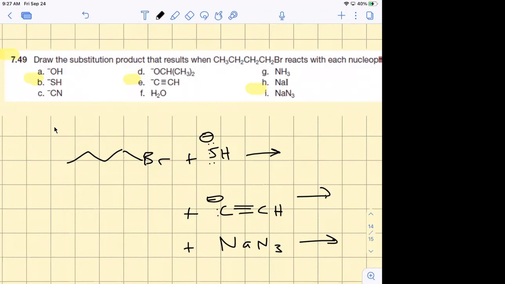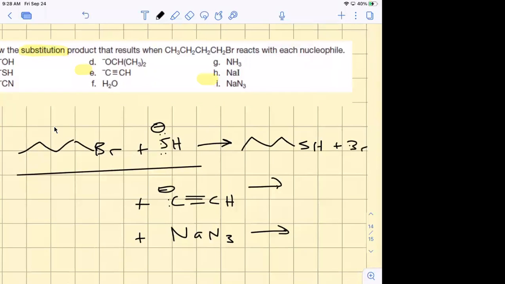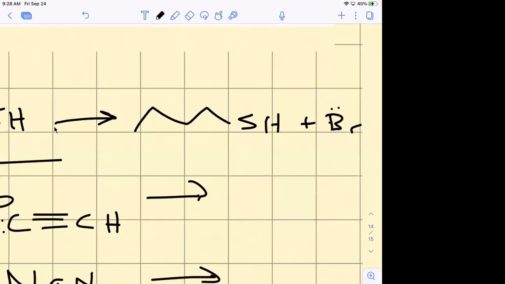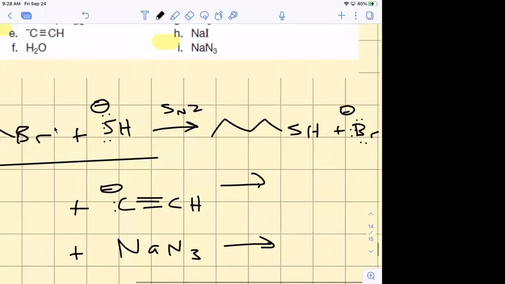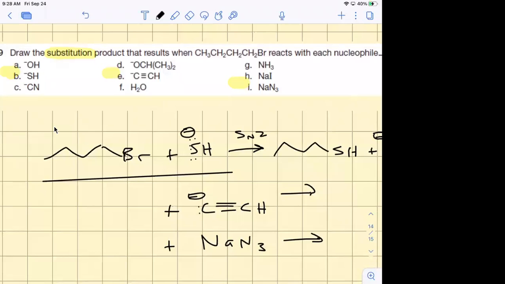What do I get from this reaction? And what type of reaction is it? Since it's on a primary substrate, and it's telling you right here that it's a substitution, it'll be SN2. Good. And you're substituting the bromine with the SH. Good. It says SN2, right? Anytime you have a primary carbon like that, and it's a substitution, it's going to be SN2.